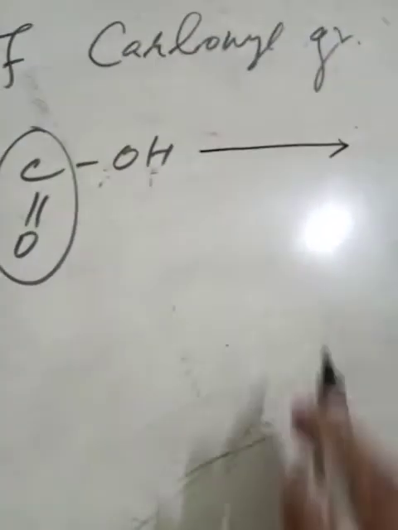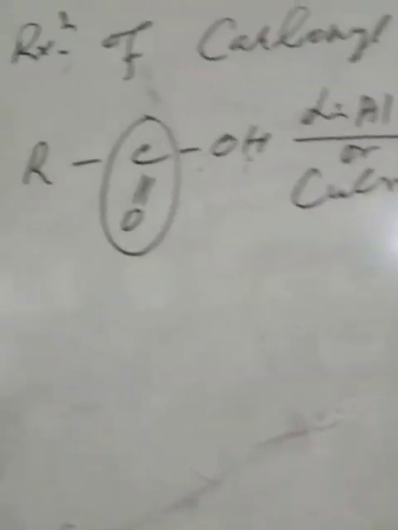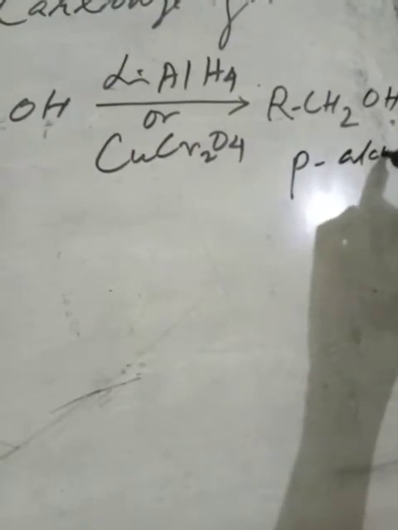If acid is reduced by, say, lithium aluminum hydride or copper chromite, CuCr2O4, a reducing agent, then this carbonyl group will be reduced to CH2 and this is OH. That means you will get primary alcohol. So the CO group will be reduced to CH2 group.